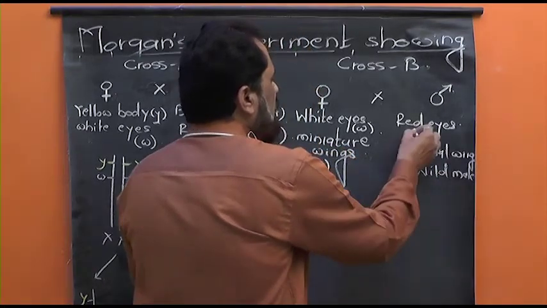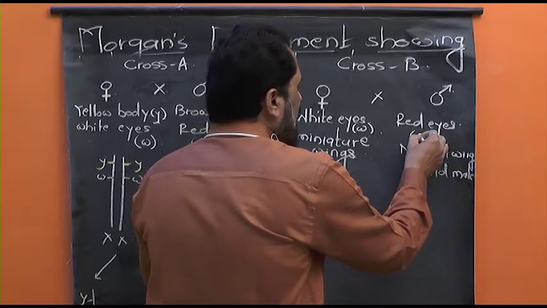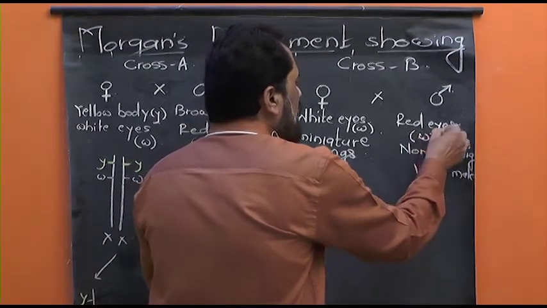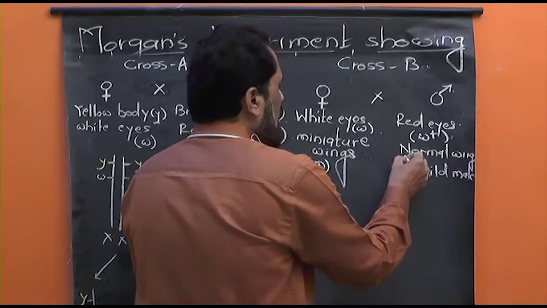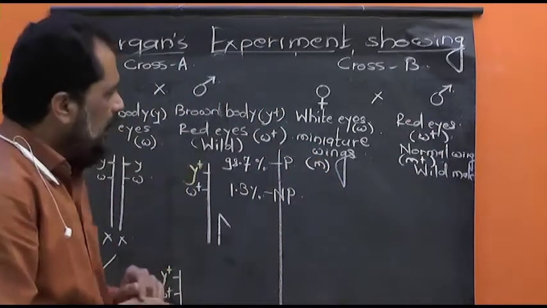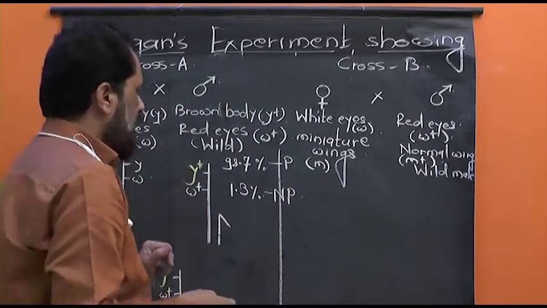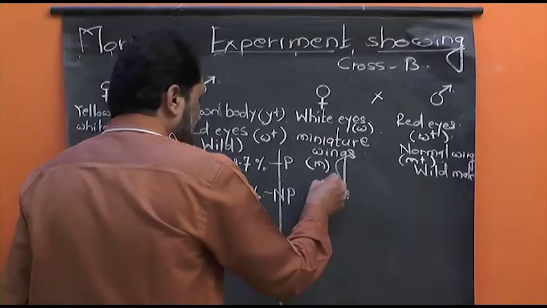We know that the gene responsible for controlling the red eye color is W plus, and the gene responsible for normal wing is M plus. Now let me show their genetic constitution, the genotype, diagrammatically.